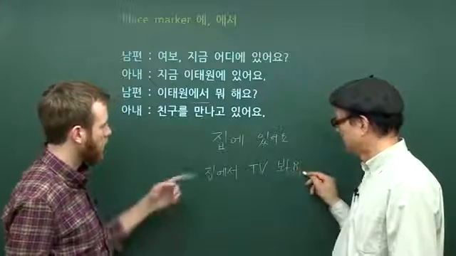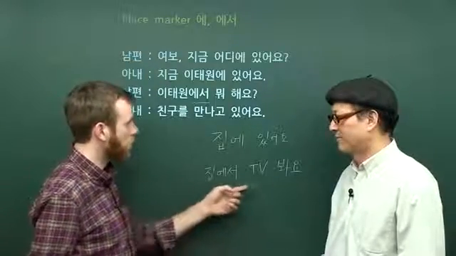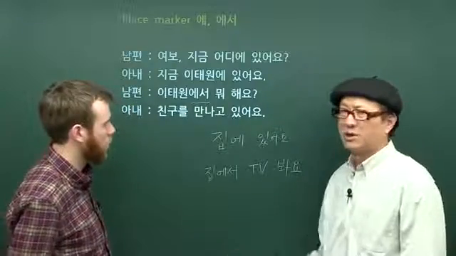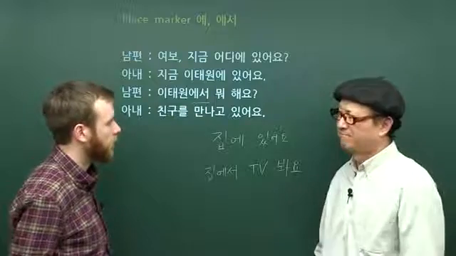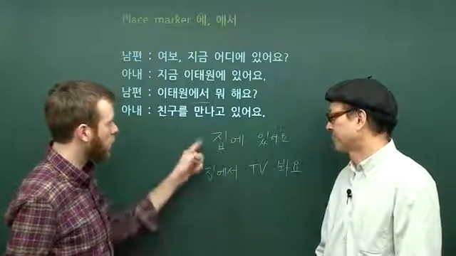Okay, so again, talking about the action itself or where the action is taking place. 집에서 TV 봐요. Read a book. 집에서 책 읽어요. So when I use 에서, is it always going to be with a place?